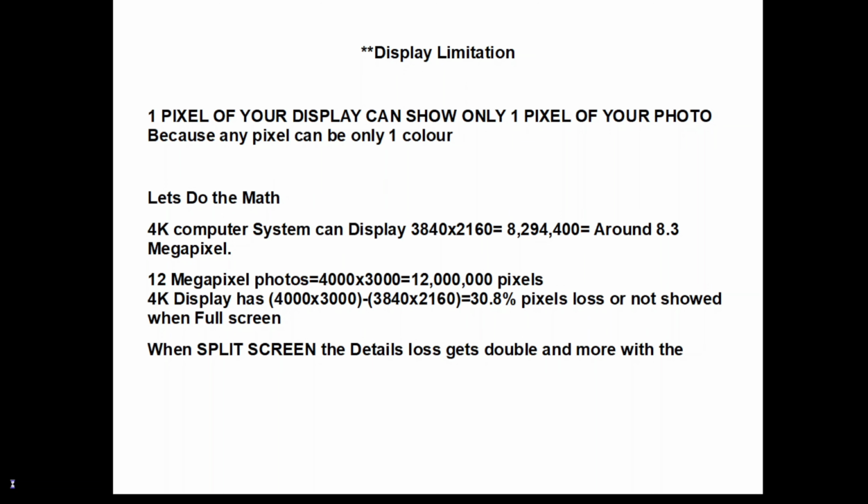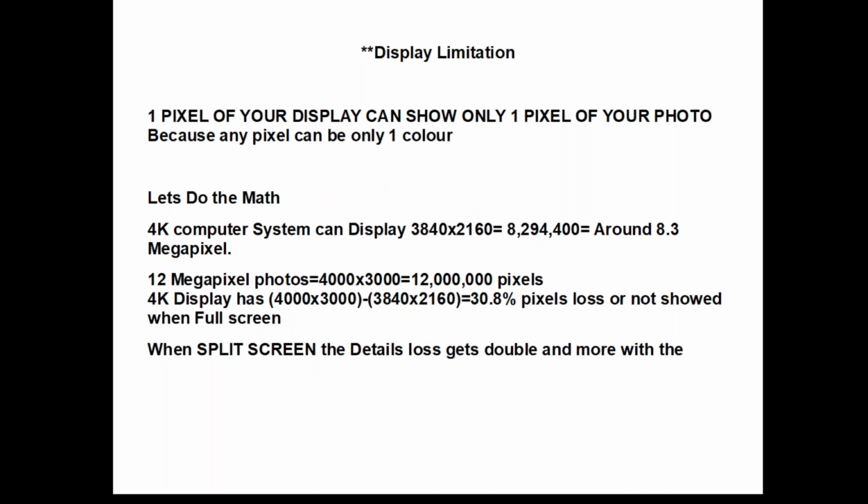And one pixel of your display can show only one pixel of your photo. When you understand that, that's how digital photography, or the digital world, works. So if you do the math, a 4K computer which has a 4K display will only show around 70%, I would say 69.2%, sorry, of the total pixels of a 12 megapixel photo at full screen.